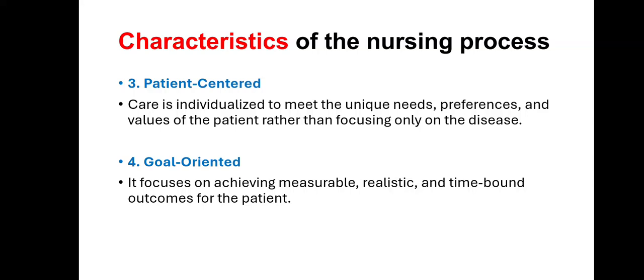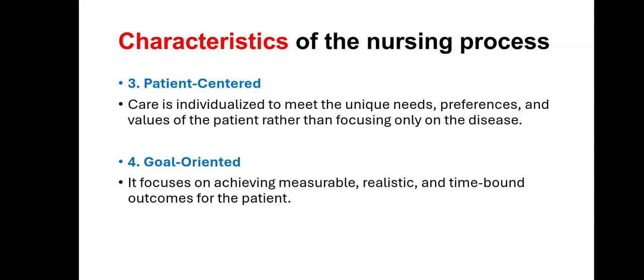And we have patient-centered as another characteristic. The third characteristic is that the nursing process is patient-centered. What does it mean? We mean that the care is individualized to meet the unique needs, preferences, and values of the patient, rather than focusing only on the disease. We want to meet the unique needs of the patient.